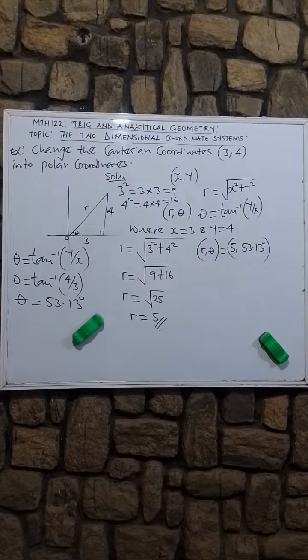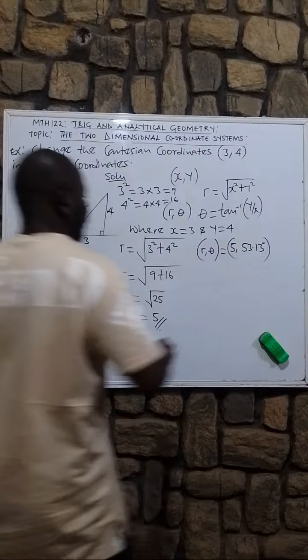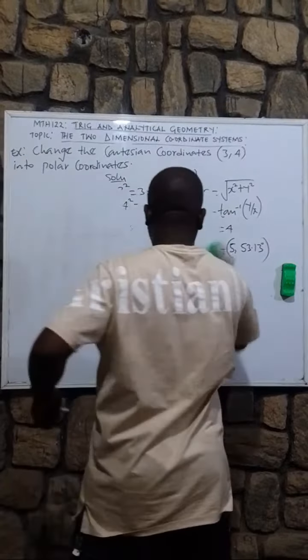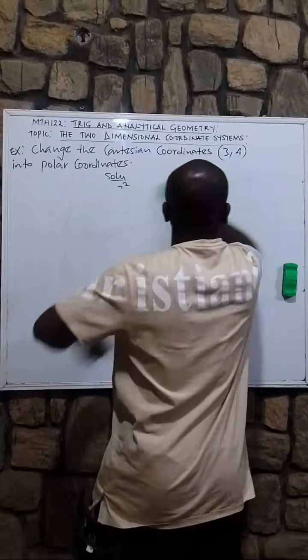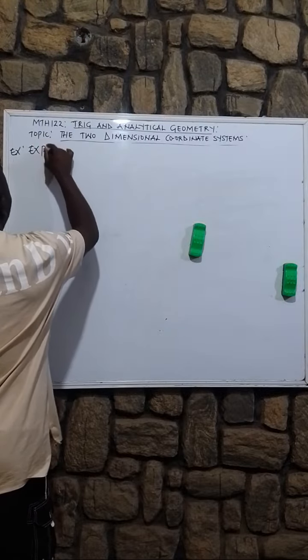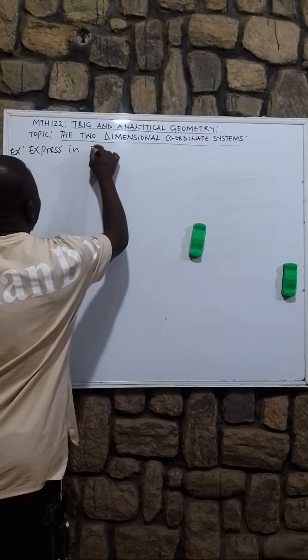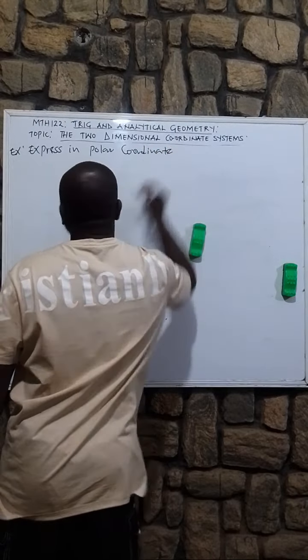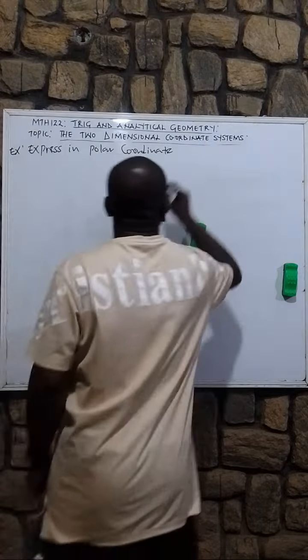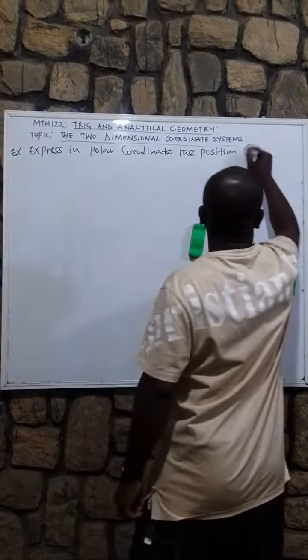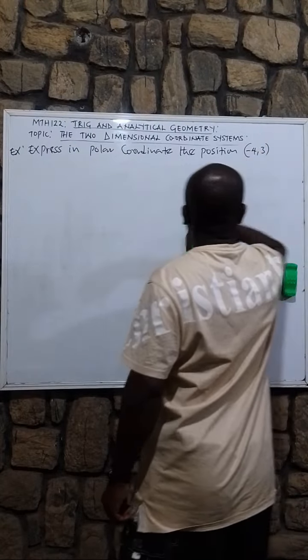Express in polar coordinates the position minus 4, 3.